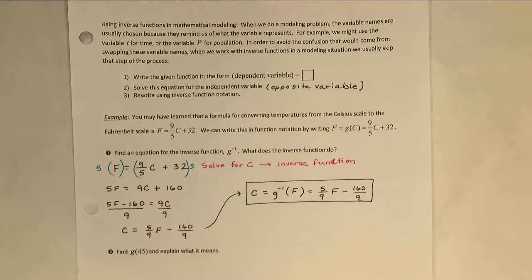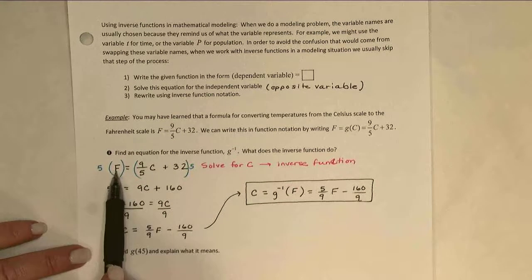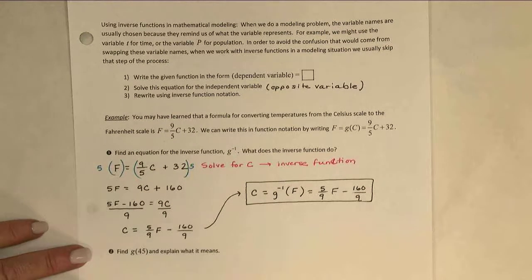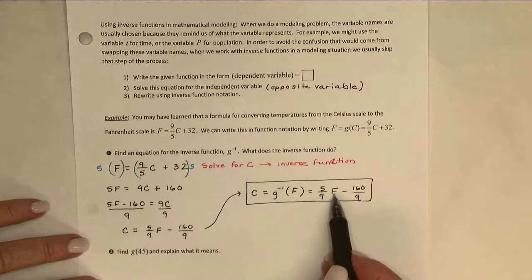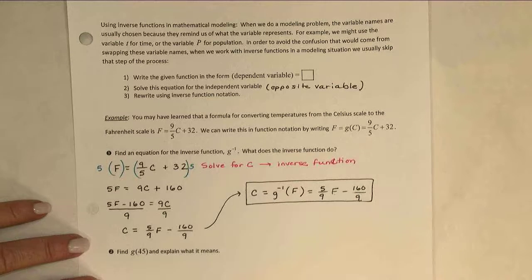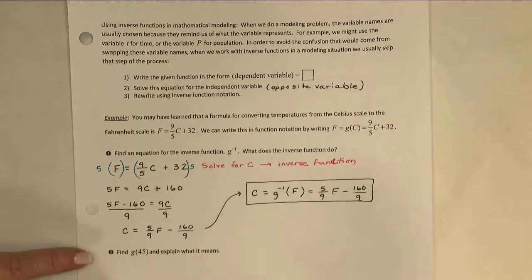If the original function takes a Celsius temperature and converts it into Fahrenheit, what does the inverse function do? Well, notice it does exactly the reverse. It takes a Fahrenheit temperature and converts it to Celsius. So the feeling of the inverse is still the same, even when we didn't technically reverse the variables.